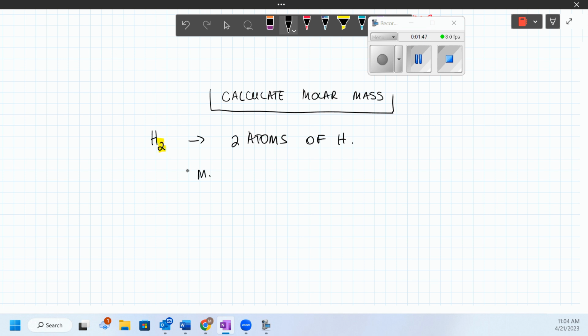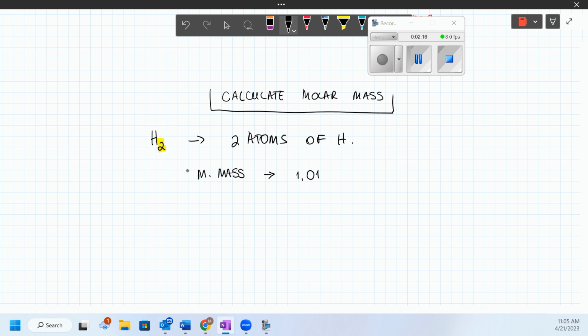Therefore, if you are calculating the molar mass of hydrogen, then you will say that I have two atoms of hydrogen in this molecule. Then I will go to the periodic table, find where hydrogen is, and look for the atomic mass of hydrogen, which is 1.01 grams per mole.